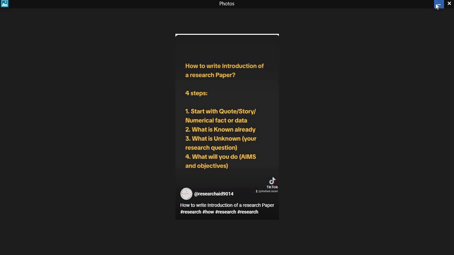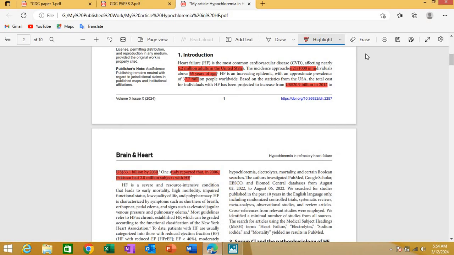See, in this first paragraph I have only talked about numerical data. Numerical fact is more important than stories and quotes. They may fit well into a social sciences paper or something else, but in health people won't be attracted much to a story and quote.